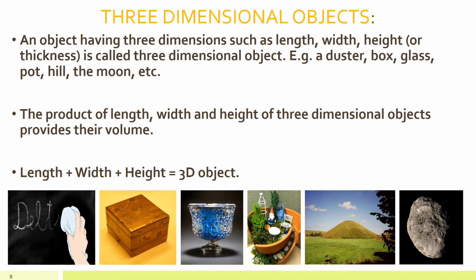Example, a duster, box, glass, pot, hill, the moon, etc. The product of length, width and height of three-dimensional objects provides their volume. That is, length times width times height for three-dimensional objects.